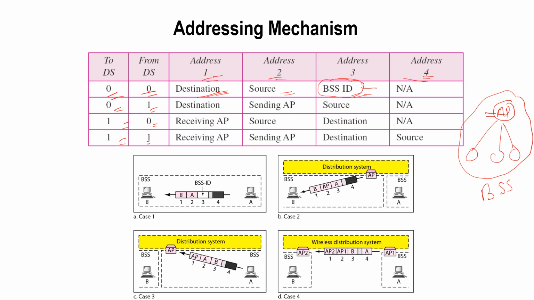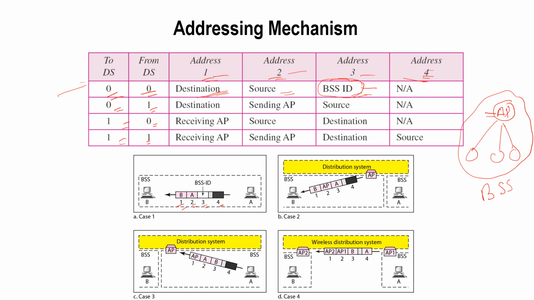And these four address fields 1, 2, 3, 4 are shown here. The first is the destination address and the second is the source address. So what does it mean? This particular frame is of type 00.